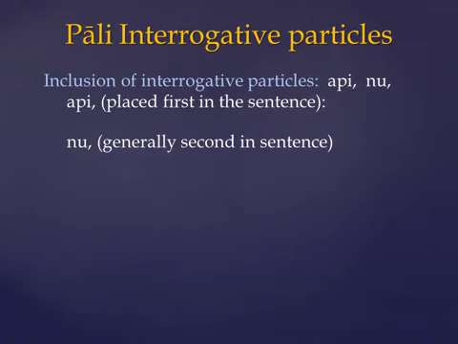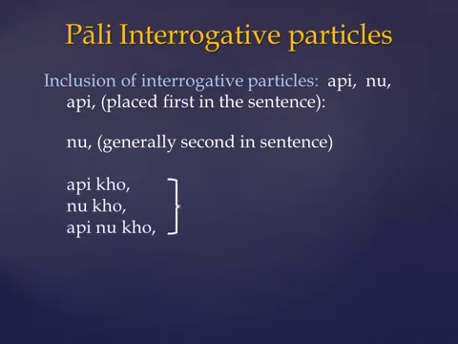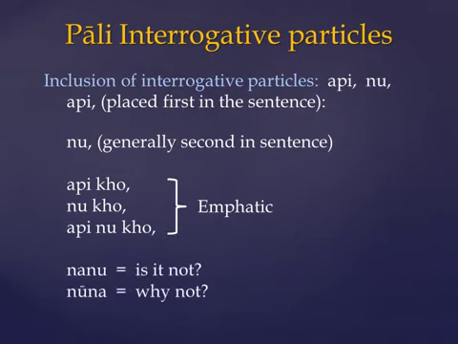Now both these particles are often followed by another, which is ko. So we can have api-ko, nu-ko, or even api-nu-ko. And the term ko merely serves as emphasis. And they can also be joined with the negative particle na, to create nanu, meaning is it not, or nu-na, why not?